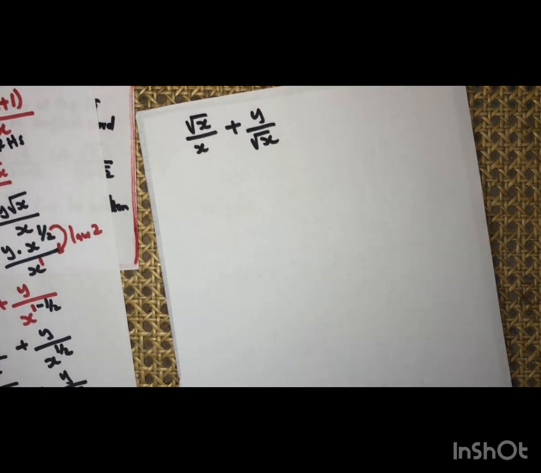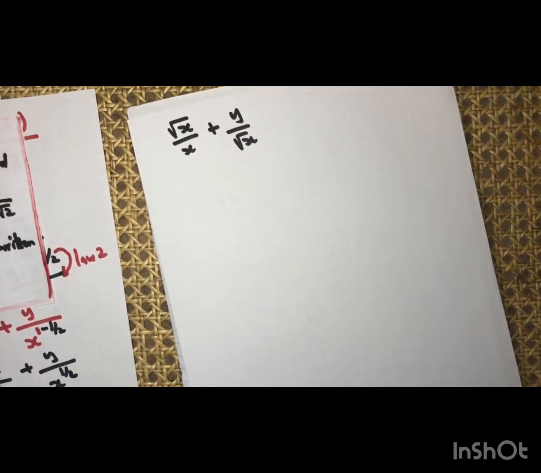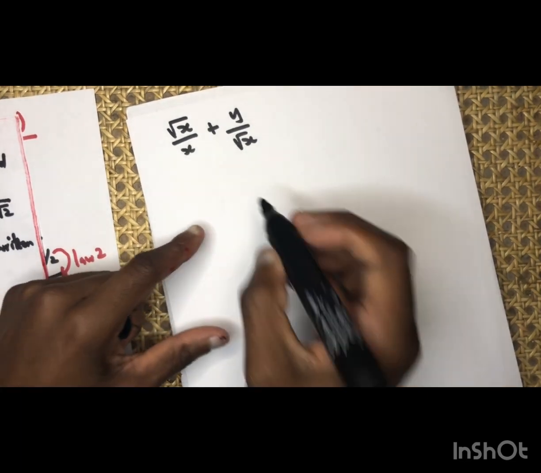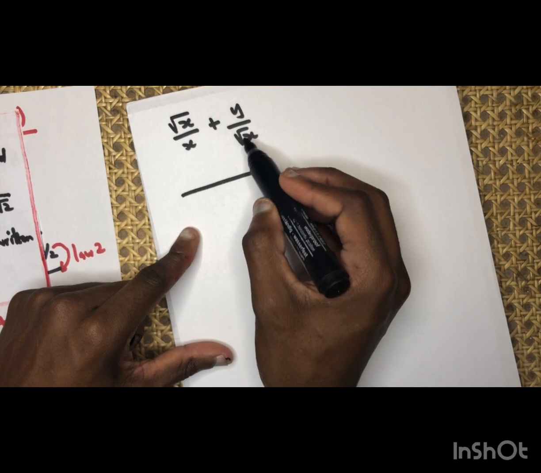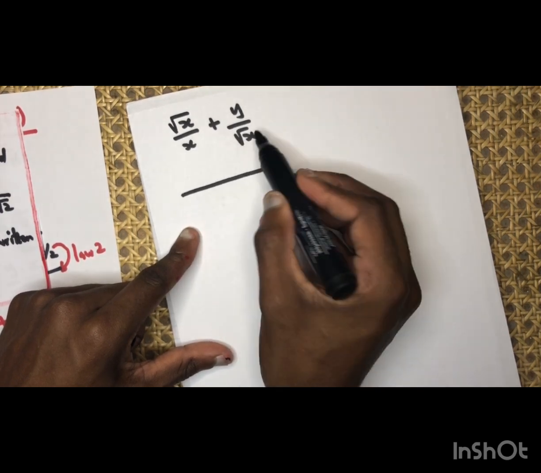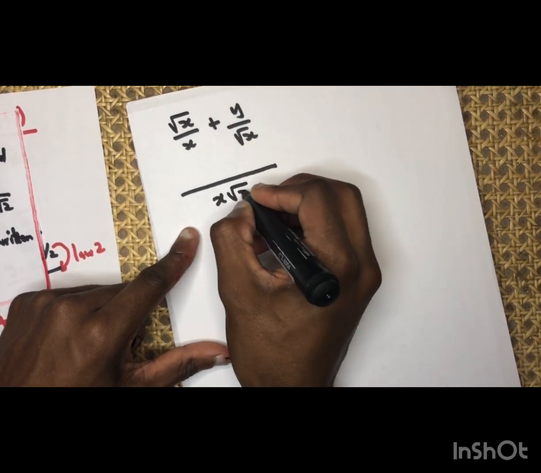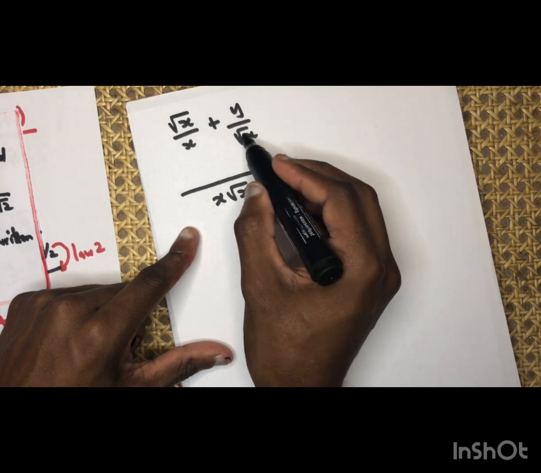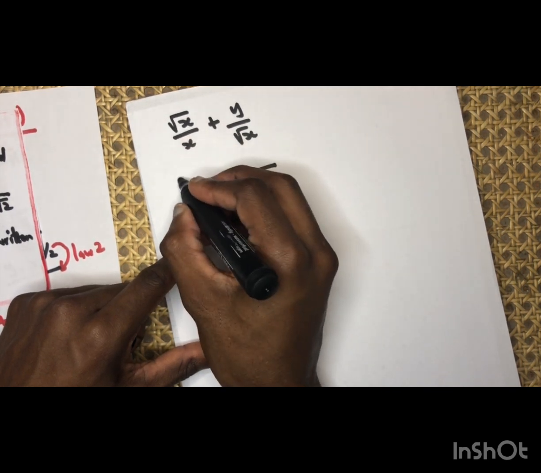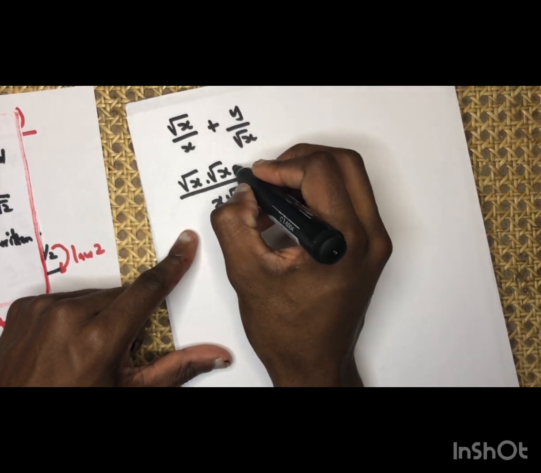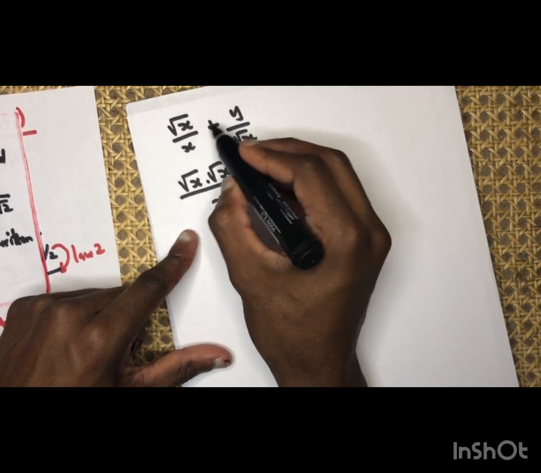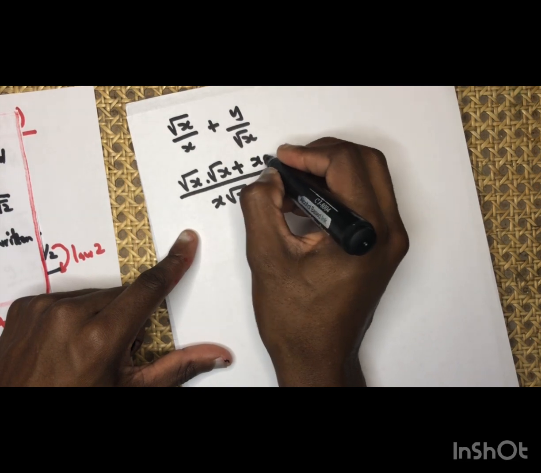So what I'm going to do here is put my division here. I'm going to multiply the denominator, so x times root x is x root x. Then root x times root x. So then we keep the sign. So y times x, so it's xy.